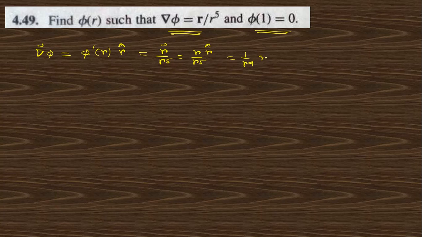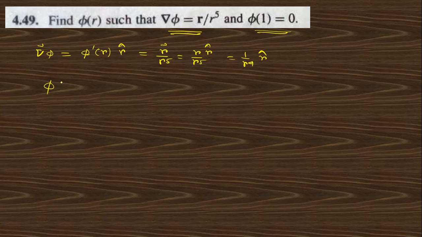Find phi of r where grad phi equals this, and this is the initial condition to get the constant value. Okay, grad phi is written as phi prime r into r cap. So if you compare with this, r vector by r to the power 5, r vector can be written as r cap times r, so this is 1 by r to the power 4 into r cap.